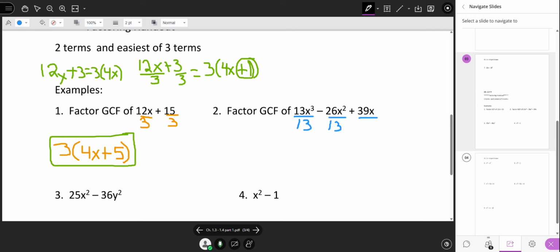And then do GCD of 26 and 39, you'll also find that 13 goes into that as well. And then the GCD of x cubed, x squared, and x is x. So when you've got multiples of these x's, it's always the lowest number of them.